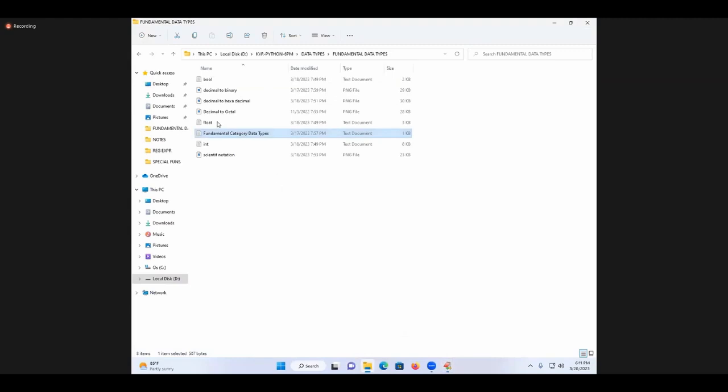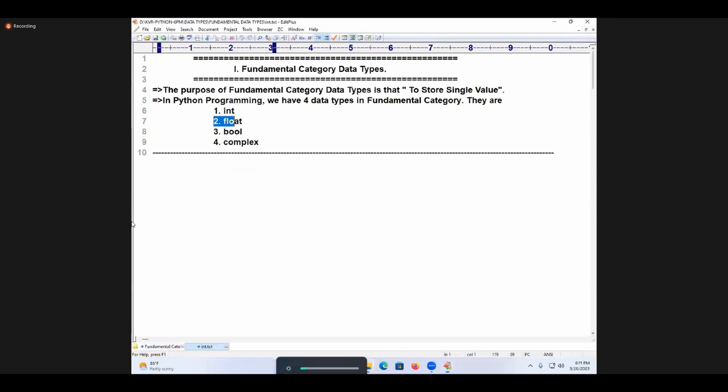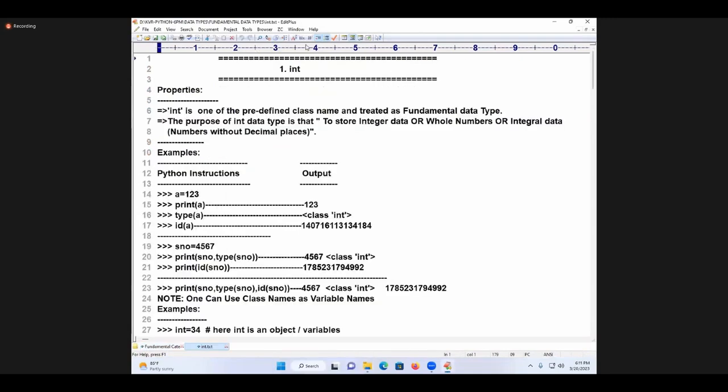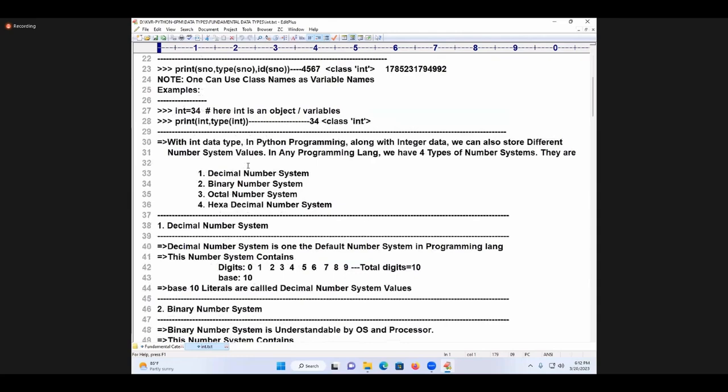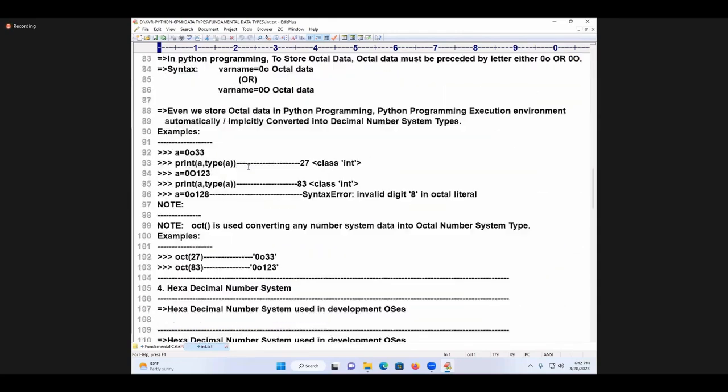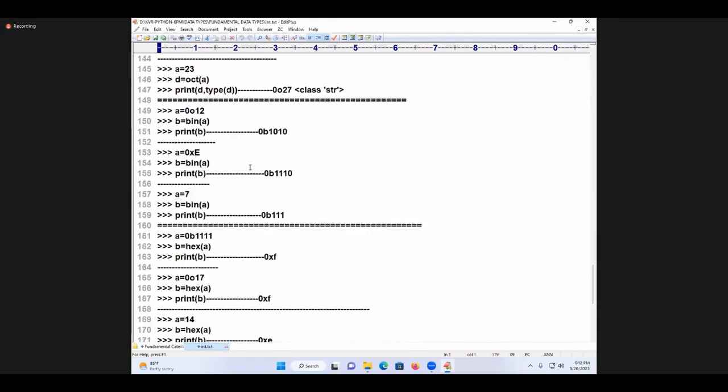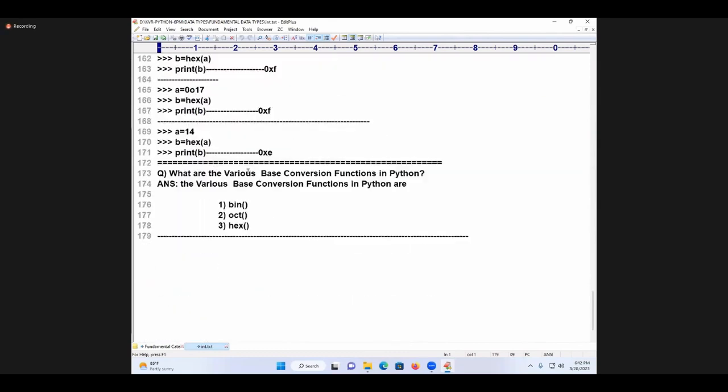For the int data type, we discussed it in detail. Number systems we have completed, and we saw different points, different conversions. Base conversion functions also we discussed.